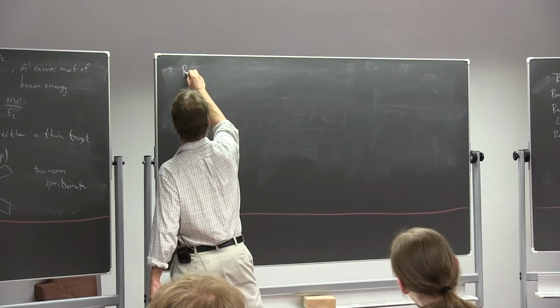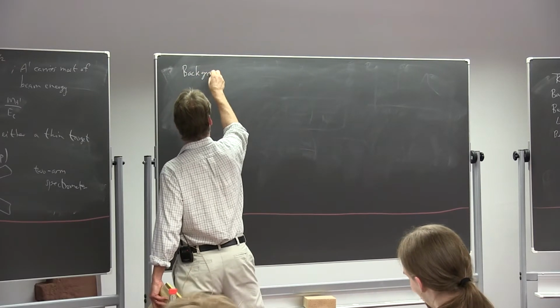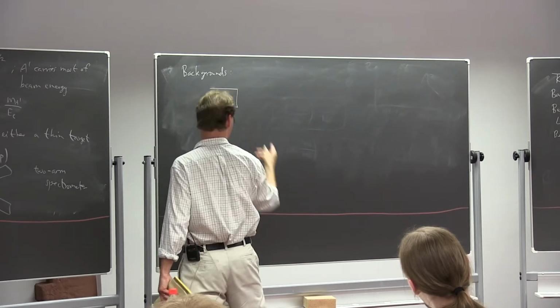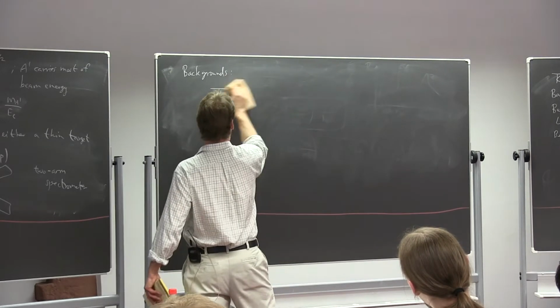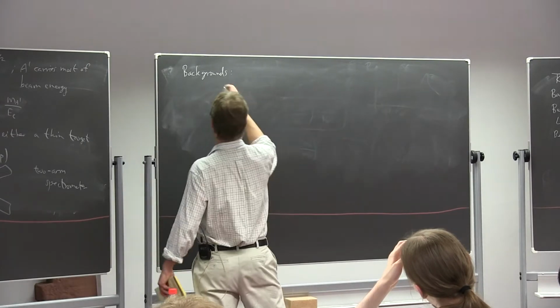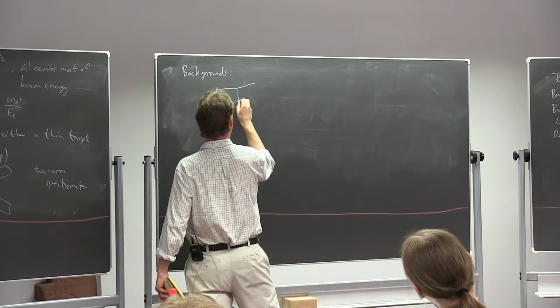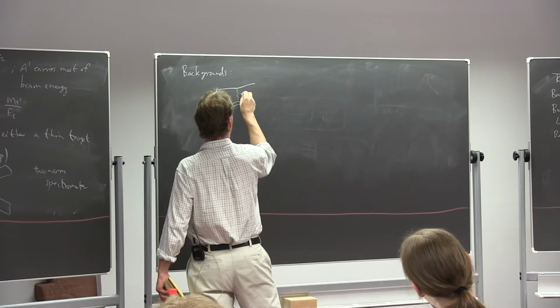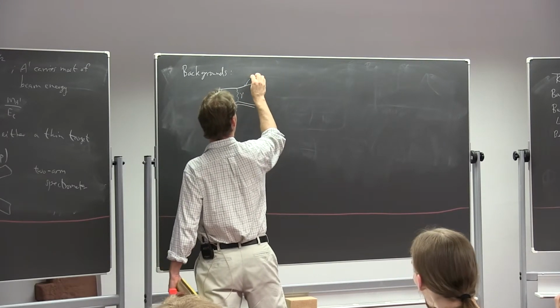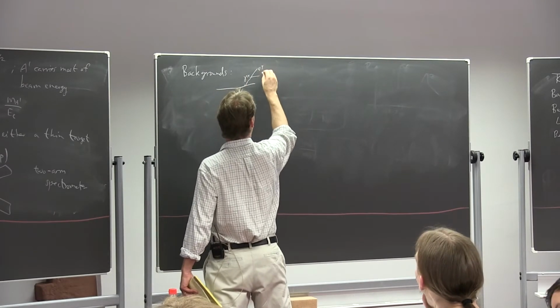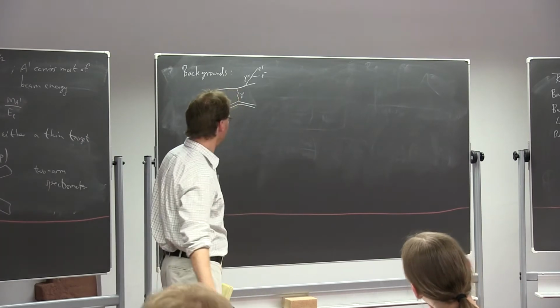So one possible background process is this, where you just replace the dark photon with an off-shell gamma. You've got this process here.